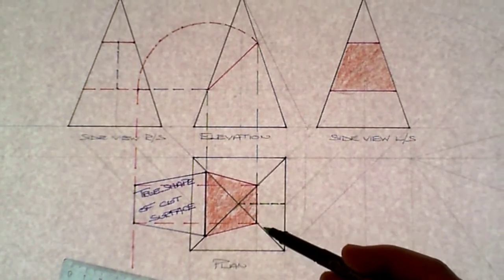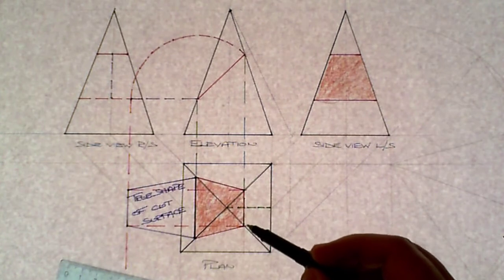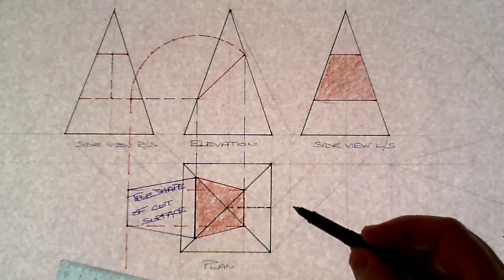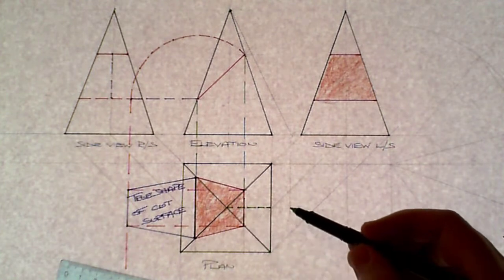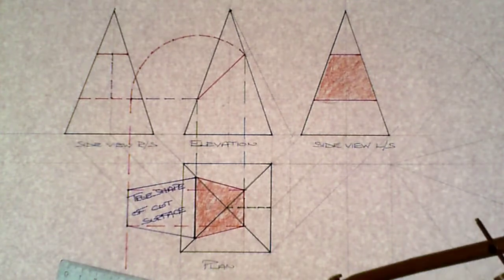Okay, the hip here, the equivalent to the hip with regards to the square-based pyramid. So in order to establish that, what I have to do is pull this hip on plan around to the horizontal. Okay, so I'm going to establish my compass to the length of the hip on plan.